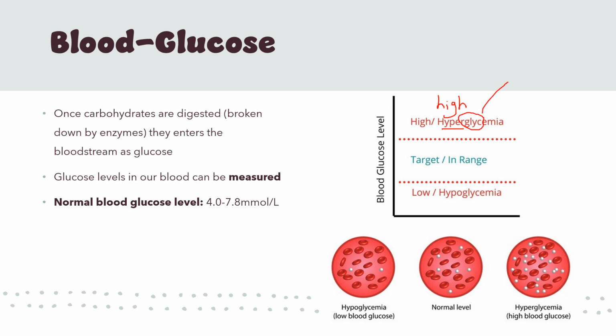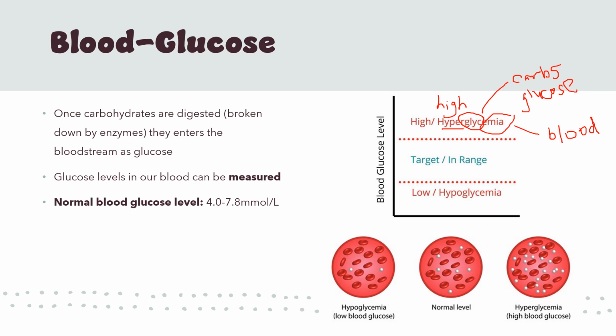Glyco, which we've looked at before, refers to carbs, right? And then emia is a suffix that refers to the blood. Excuse my writing here. So hyperglycemia means high glucose in the blood.